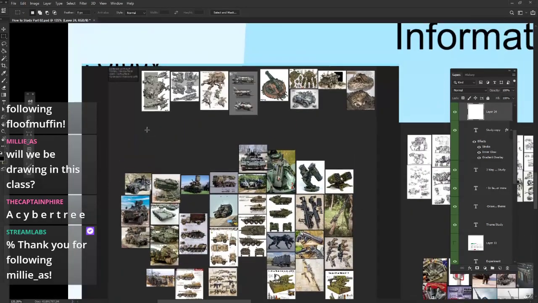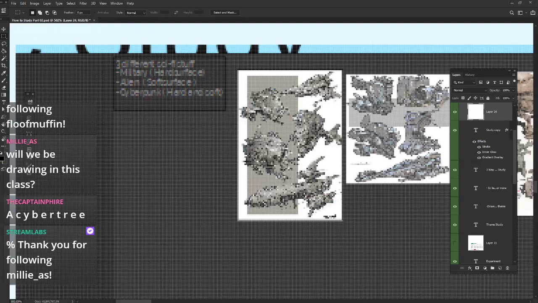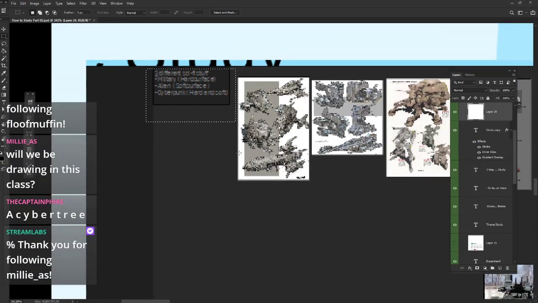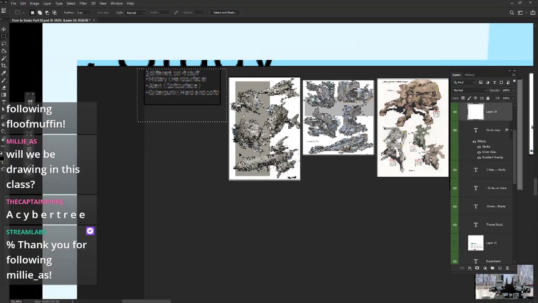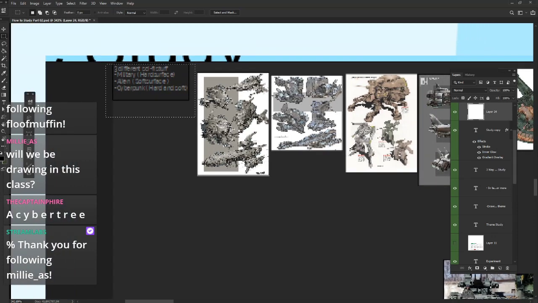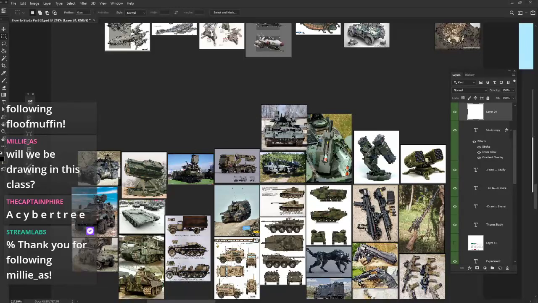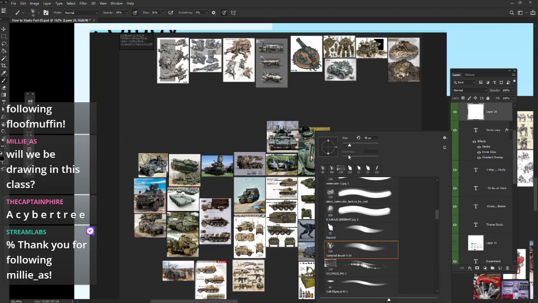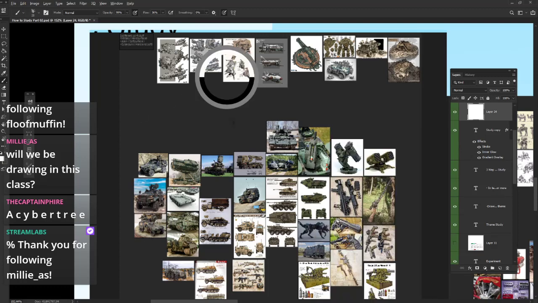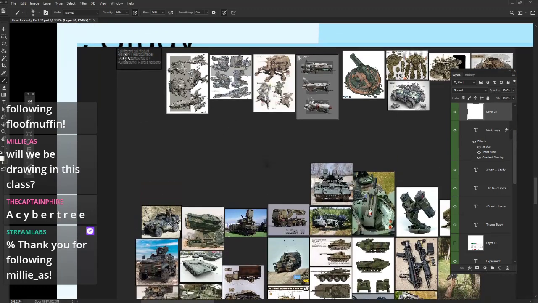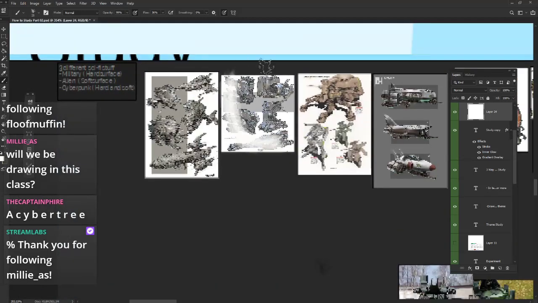Which is, for example, gathering information, which is, we have three different types of Mechs. Military, which is hard surface, a lot of hard surface stuff, which you can see here. All this is based on function, but it's completely crazy. Then we have alien types of things, like what Fengzu did here.